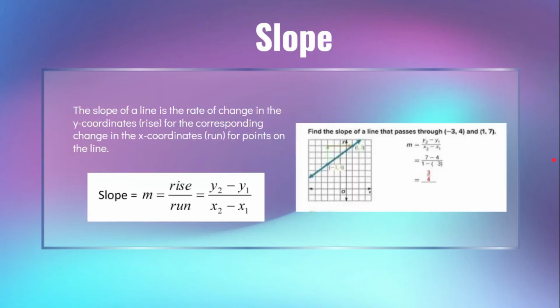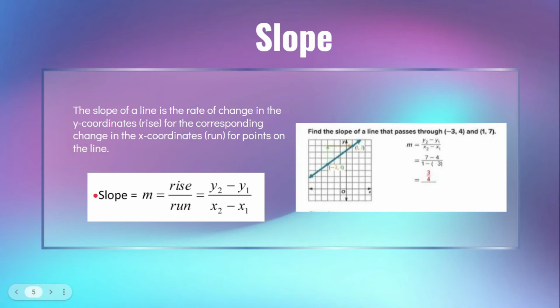The slope of a line is the numerical measure of its inclination. The slope of a non-vertical line through any 2 points, x and y, can be found by applying the slope formula right here.